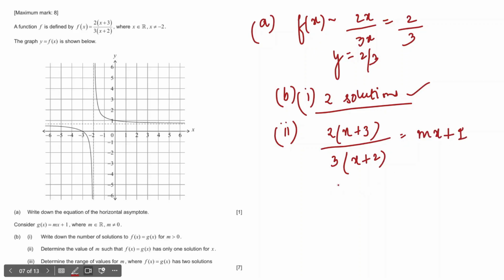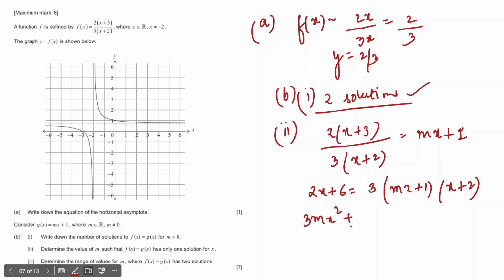How we're going to solve it, we'll multiply both sides by the denominator. So it will come out as 2x plus 6 equals 3 multiplied by (mx plus 1) multiplied by (x plus 2).